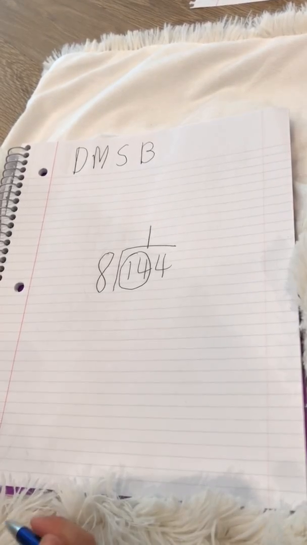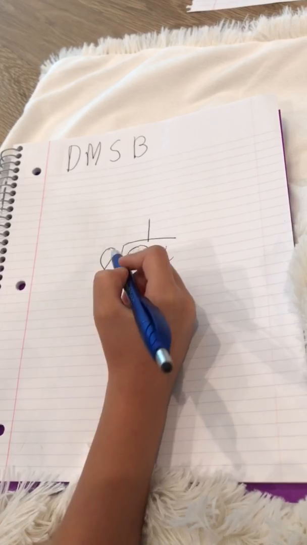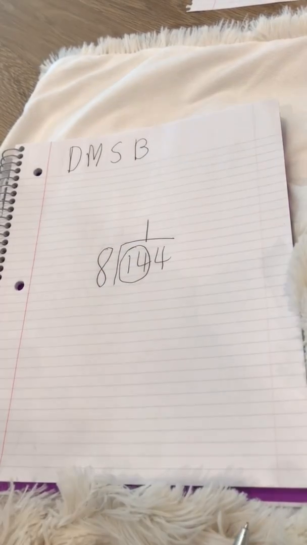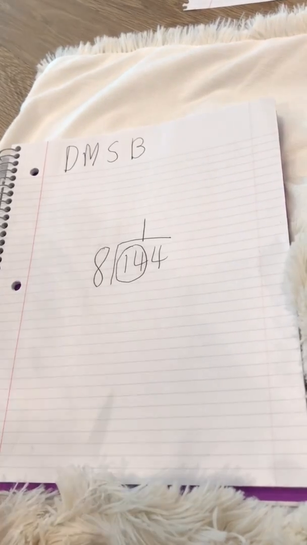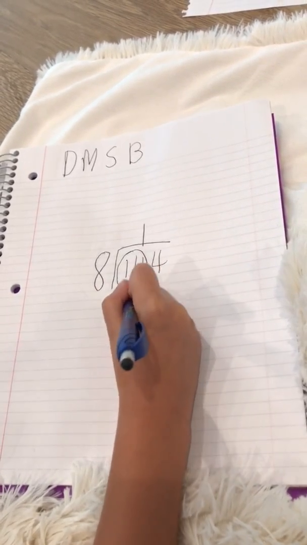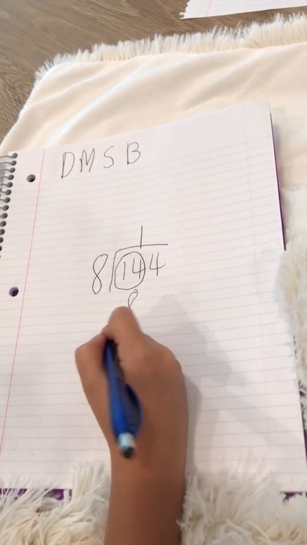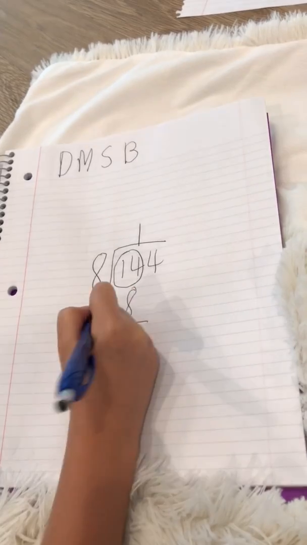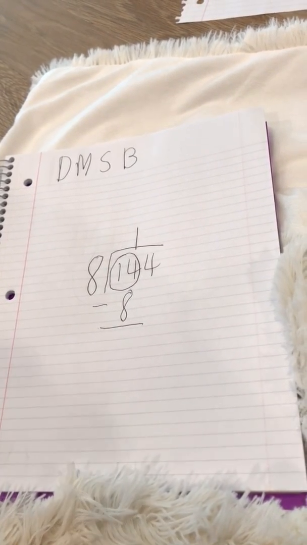Now we have to multiply. So 1 times 8, what is that? 1 times 8 is, drumroll please, 8. So we're going to put an 8 here because we need to subtract now. So now I'm going to figure out 14 minus 8.